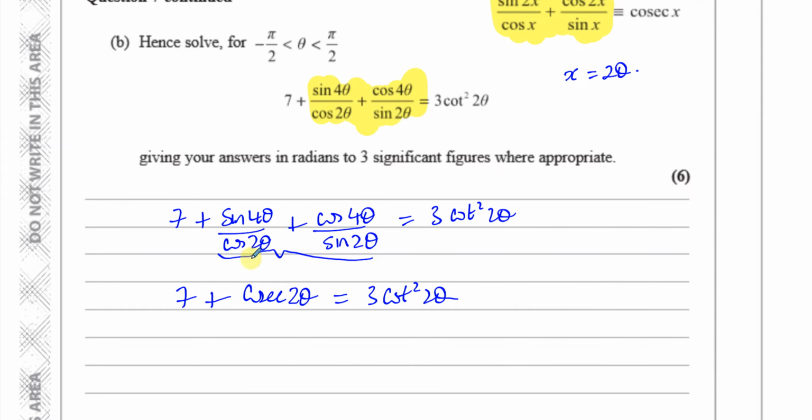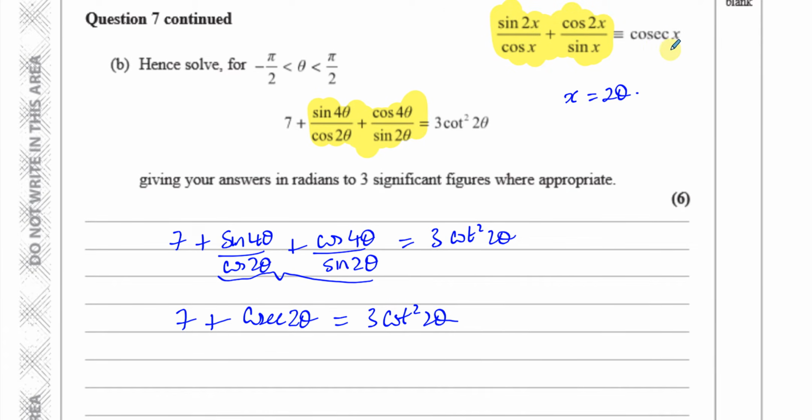So all of this part is replaced by cosec 2 theta because x in the identity that we proved here, you can see the x has been replaced by 2 theta. So I got to replace this x by 2 theta as well. So that means all of this is going to equal cosec of 2 theta.